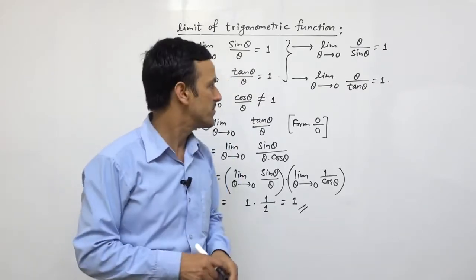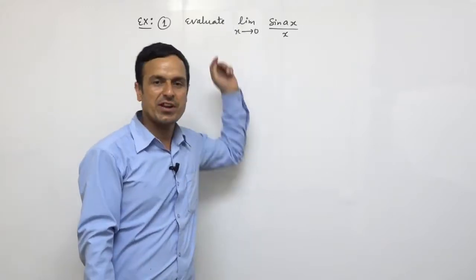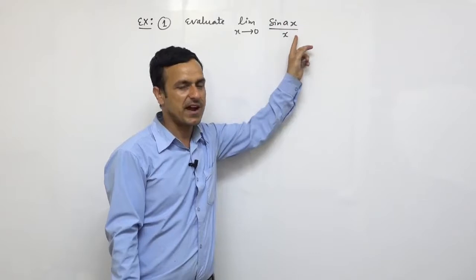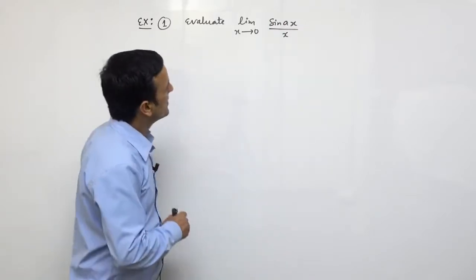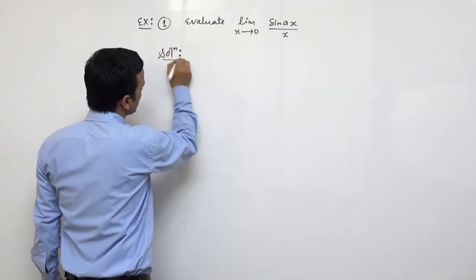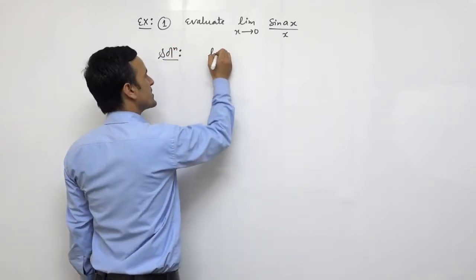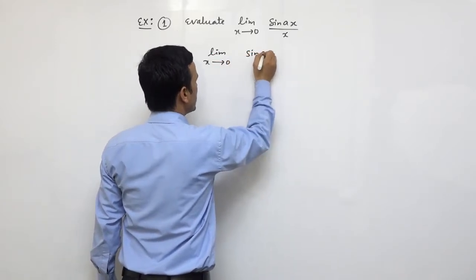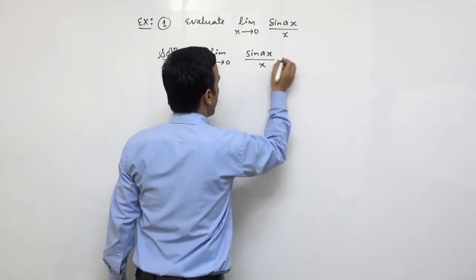We can solve many questions. Evaluate limit x tends to 0 sin ax divided by x. Look at once how to solve this question. So this is the question, first of all copy the question: sin ax divided by x.